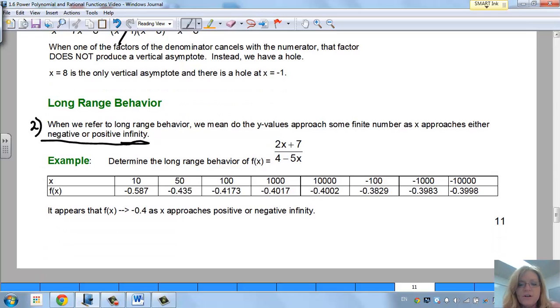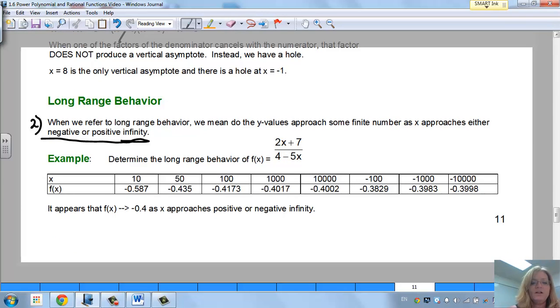I put this in my calculator, and it looks like as I'm getting bigger and bigger, I'm approaching this, and when I'm getting smaller and smaller, I'm approaching the same thing. So it looks like my function is approaching negative 0.4 as it goes to positive or negative infinity.